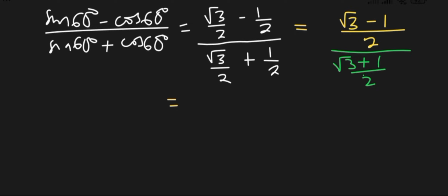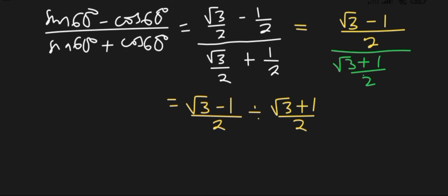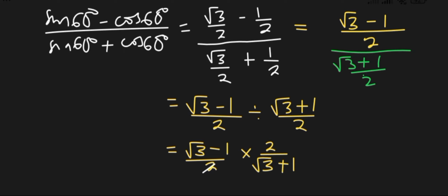Now, the expression becomes root 3 minus 1 over 2 divided by root 3 plus 1 over 2, where the division is turned to multiplication. So we've got root 3 minus 1 over 2 times 2 over root 3 plus 1. 2 takes out 2 to leave us with root 3 minus 1 over root 3 plus 1.